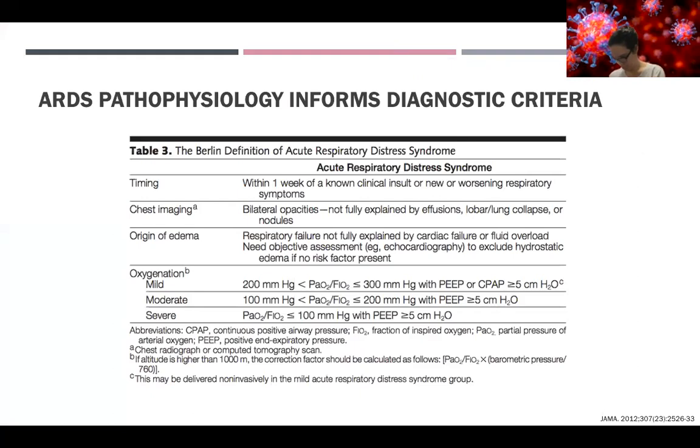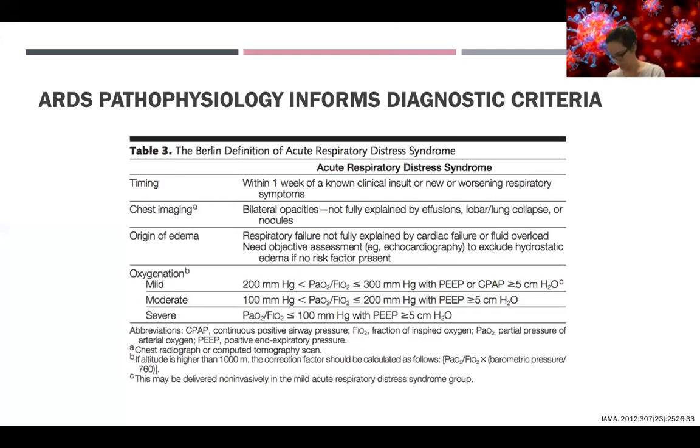So the pathophysiology that I've just outlined informs the diagnostic criteria that we use to identify ARDS via the Berlin definition. This was released in 2012, and we'll go through the components of what you should be looking for in these patients. The timing of ARDS is within a week of a known clinical insult.